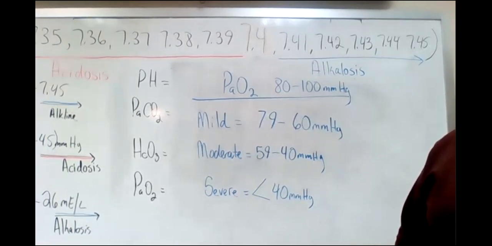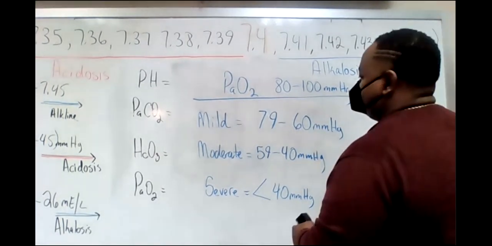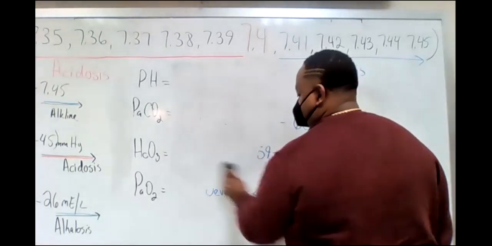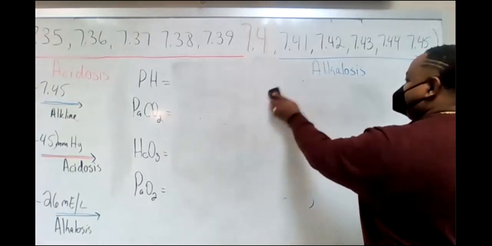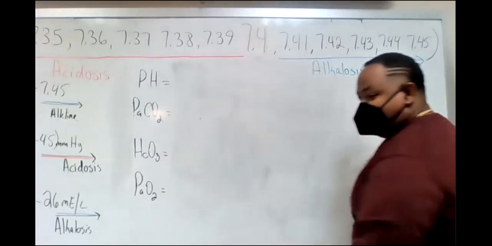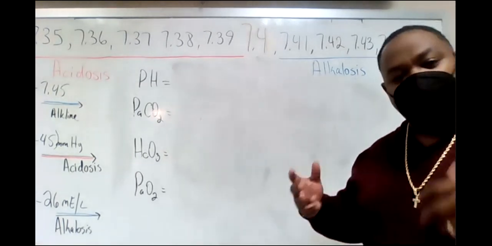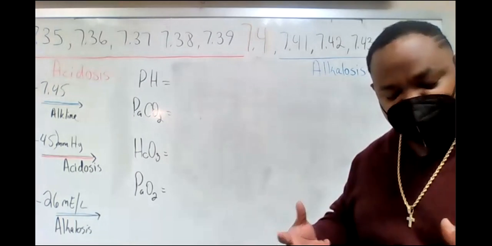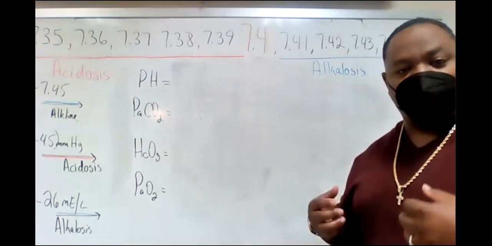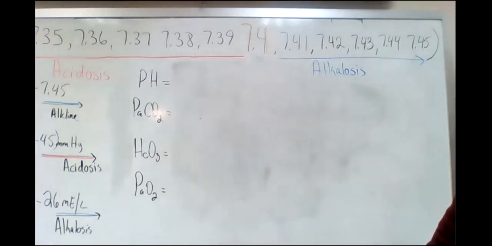Hypoxemia is the blood and hypoxia is the tissue. All right, so let's look at some and add the oxygenation status. So this is when you say respiratory acidosis with normal oxemia, or with mild hypoxemia, or with severe hypoxemia, okay? That's what you do. All right, here we go.